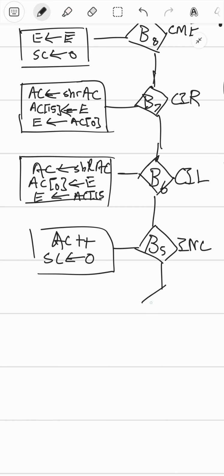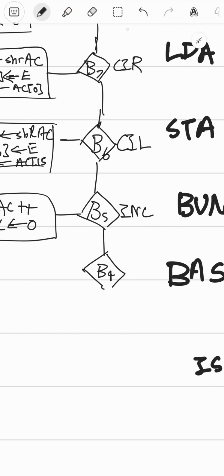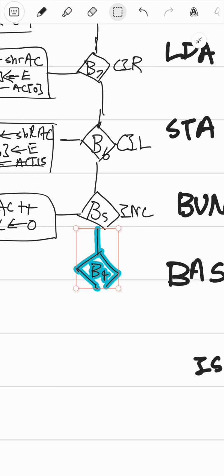Okay, then B4. This is getting really weird, isn't it? So these are the skip operations now. You skip on the case when your accumulator is positive.